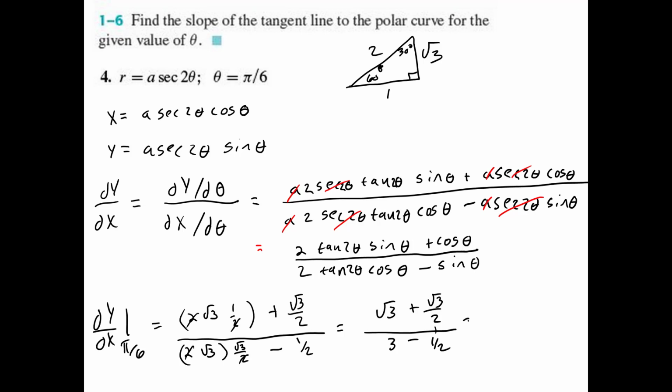If you multiply top and bottom by 2, you get 2 root 3 plus 1 root 3, 3 root 3, and 6 minus 1 is 5. And there we go.